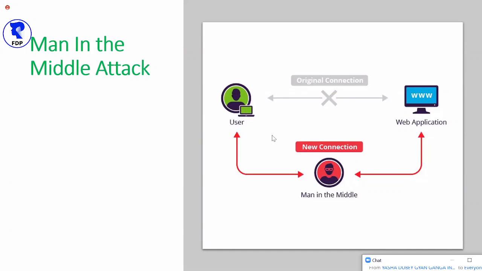Okay, so when you talk about the HTTPS protocol, a user is trying to communicate with a web application in a secured manner, right? Before HTTPS was introduced, before the secure socket layer or even the TLS protocols, you had just the plain text protocol, which was HTTP, hypertext transfer protocol.